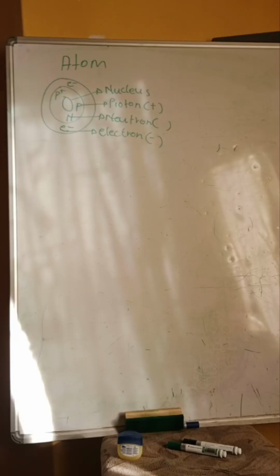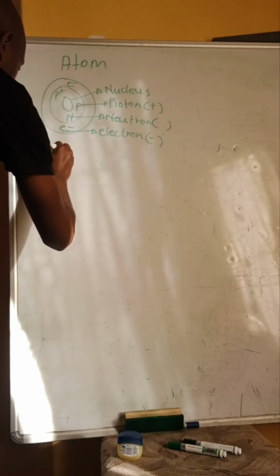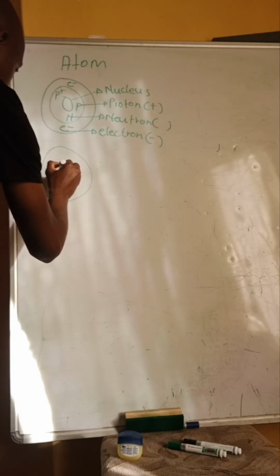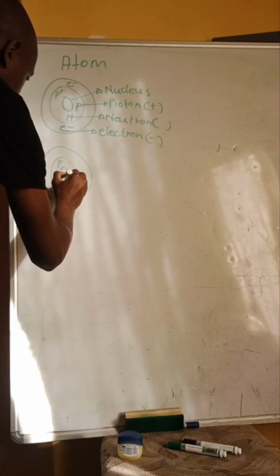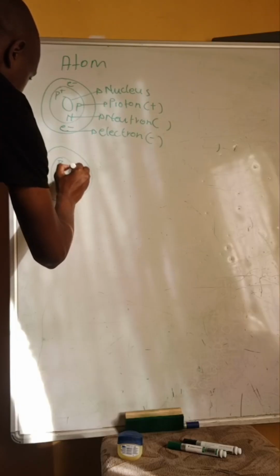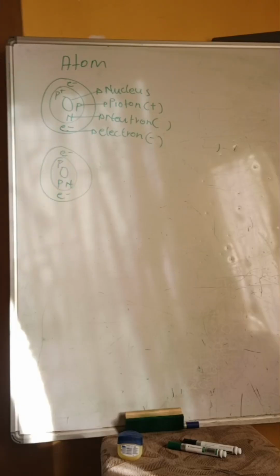So now let's draw another atom. We have this atom: nucleus, protons, neutrons, electrons. Now here we have two protons and two electrons.